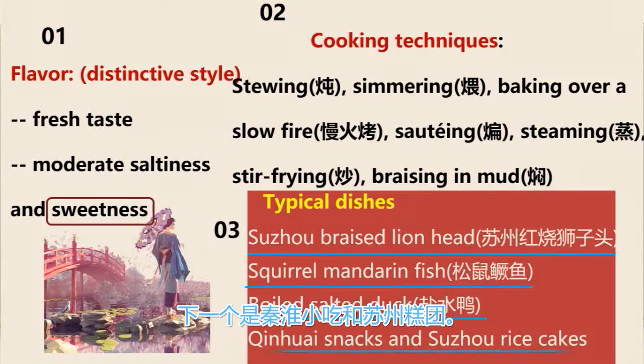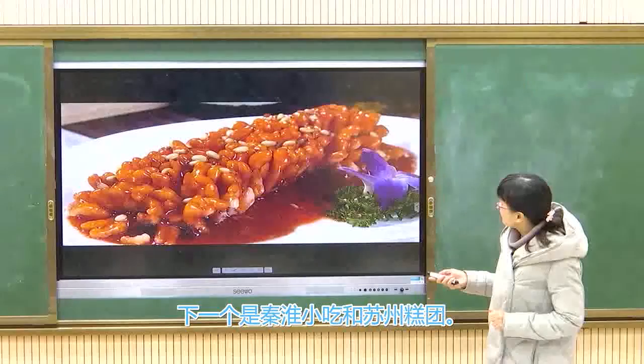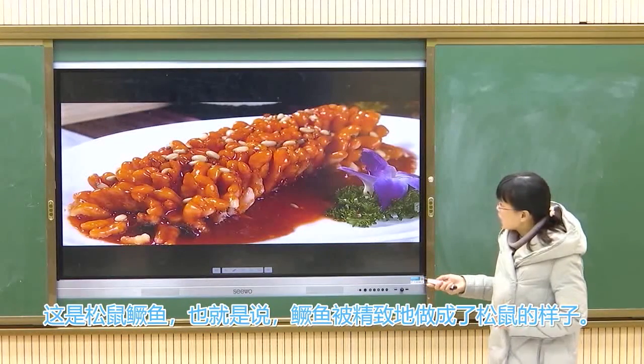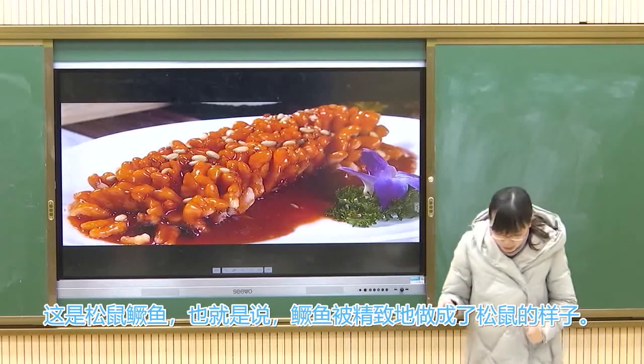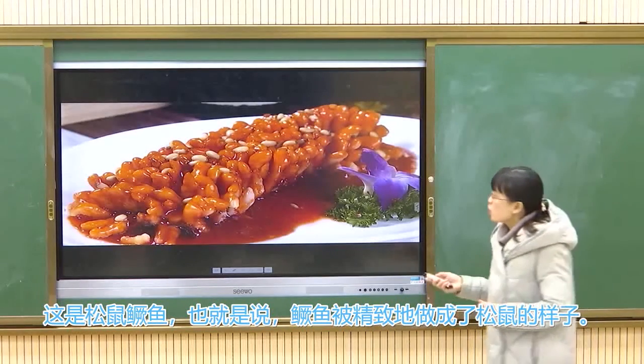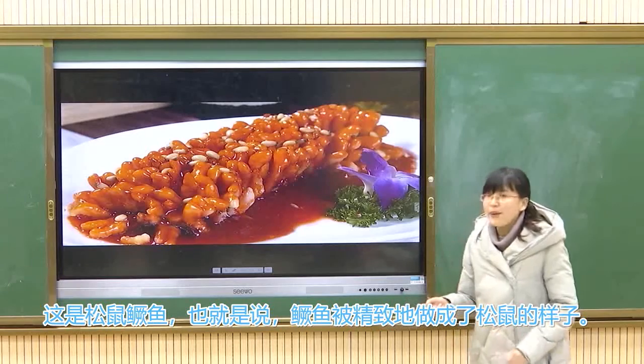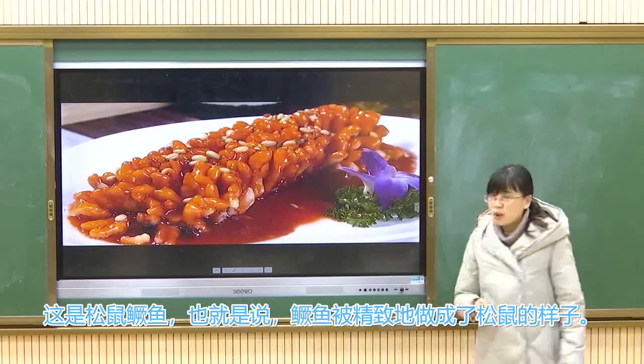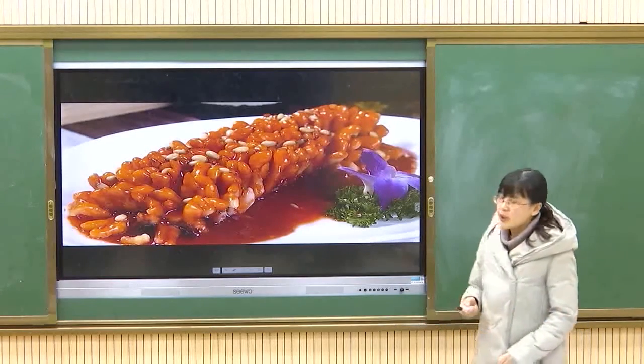Next one that is Qinghai snacks and Suzhou rice cakes. This one, just now we said, is squirrel mandarin fish, 松鼠桂鱼. That means the fish was cooked as a squirrel.